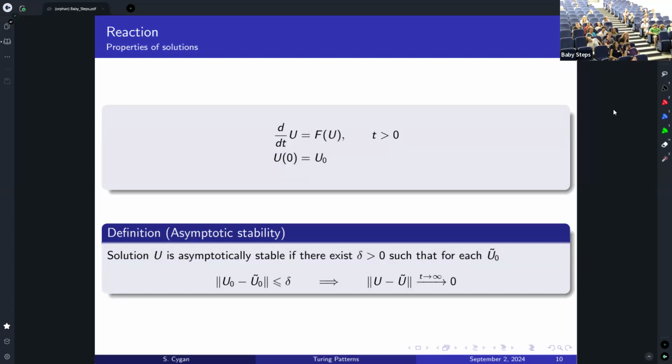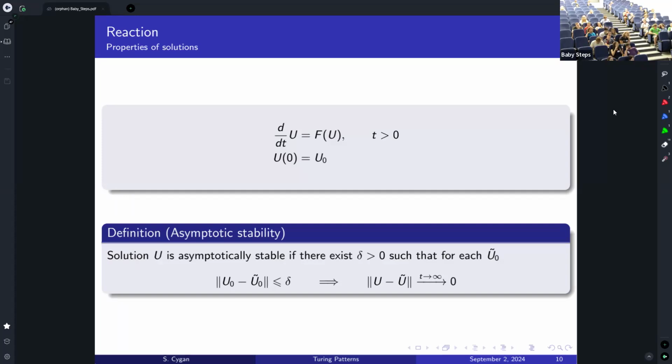What does it mean? If we have such a reaction with the initial condition u0, and we know how our function u behaves, which differential equation it satisfies, then the definition of asymptotic stability is the following. We would like to know what happens if we take the initial condition and introduce a small perturbation.